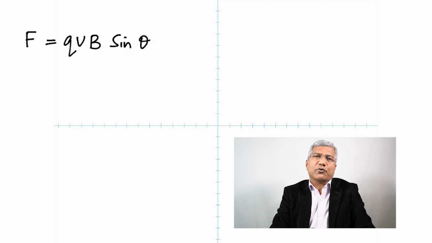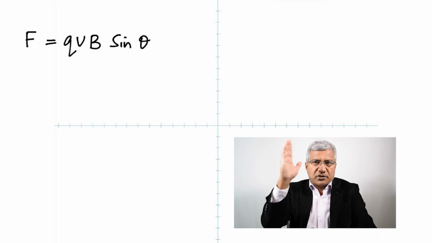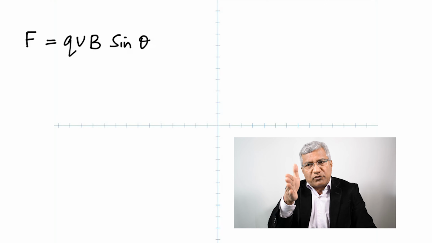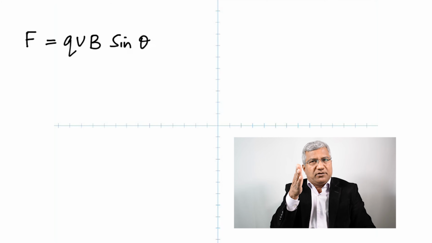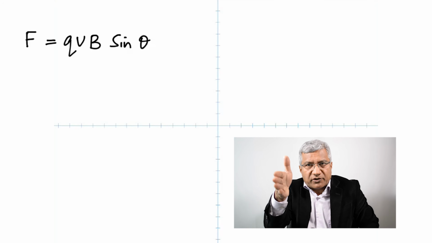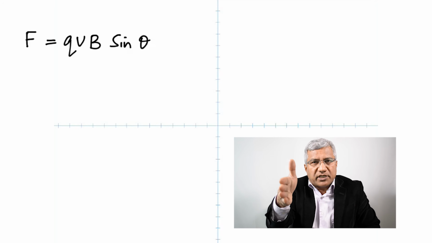Well, now what about the direction of the force? The direction of the force is given by the right-hand rule. Right-hand rule. Fingers show the direction of velocity. So I was imagining that the positive particle is moving away from me. So that's why I'm holding the fingers of my right hand towards the screen, away from me.